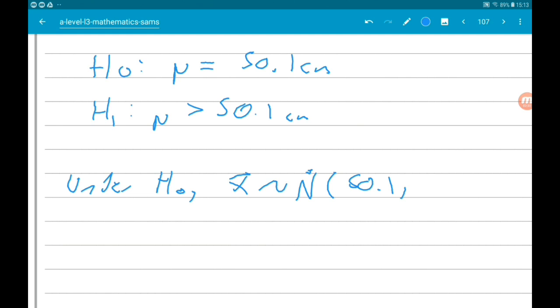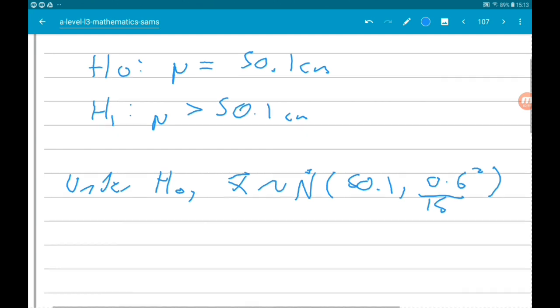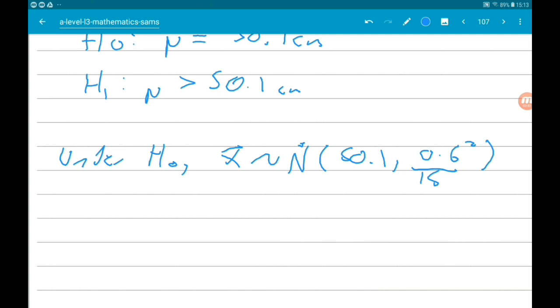So here 0.6 squared over 15. So it's worth noting that our standard deviation S is 0.6 over root 15.